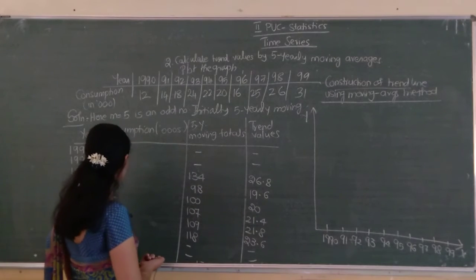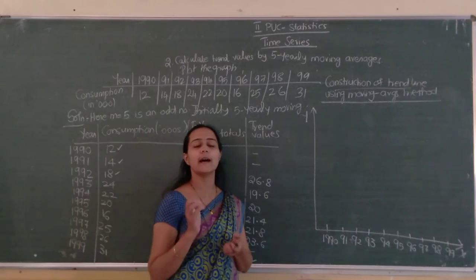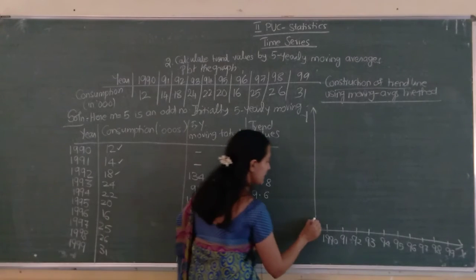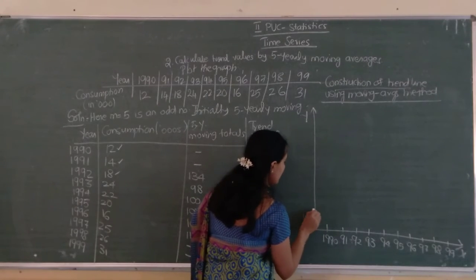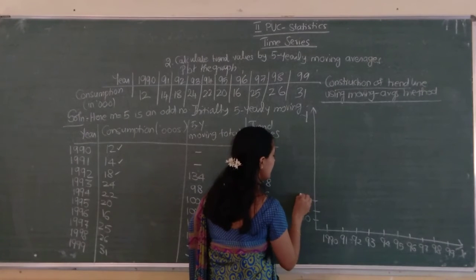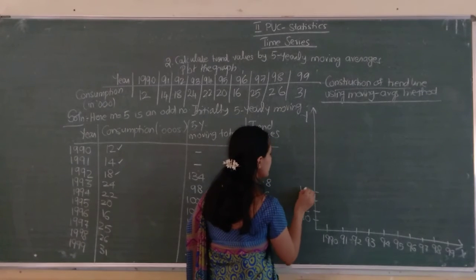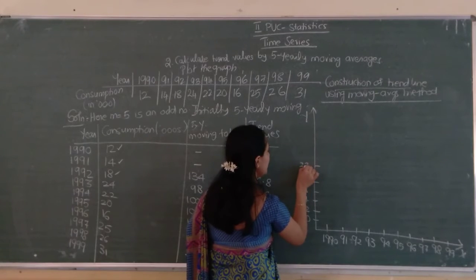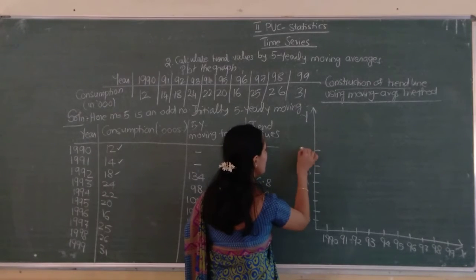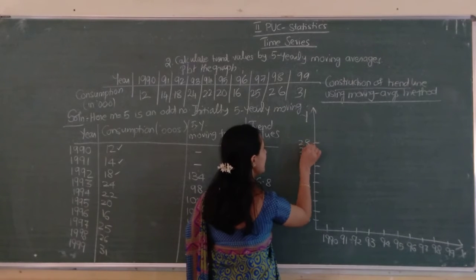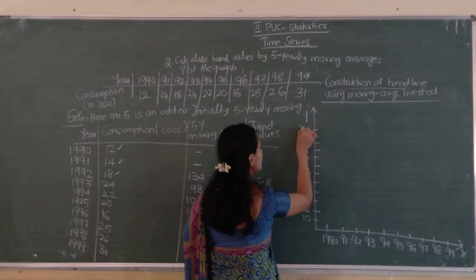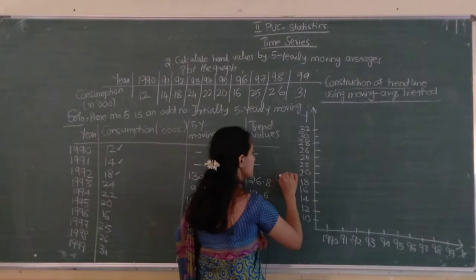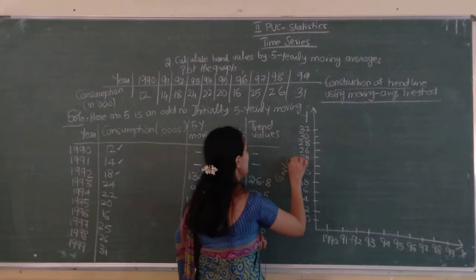So 12 and 31 should be included, so I have to take the scale like that, isn't it? 12 means it starts from 10 onwards. 10, with 2 units I'll take 14, 16, 18, 20, 22, 24, 26, 28, 30, 32. 31 is highest, so 32.